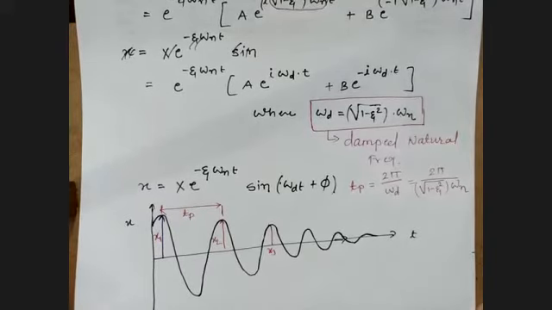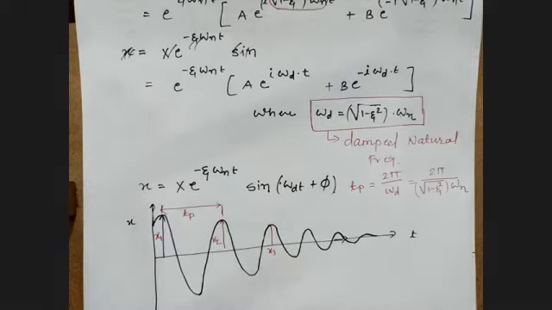Comparing the three cases: zeta more than 1 is the overdamped system, zeta equal to 1 is the critical damped system, and zeta less than 1 is the underdamped system. The first two cases are considered non-vibratory systems, an aperiodic motion, so we cannot consider that motion a vibratory motion.